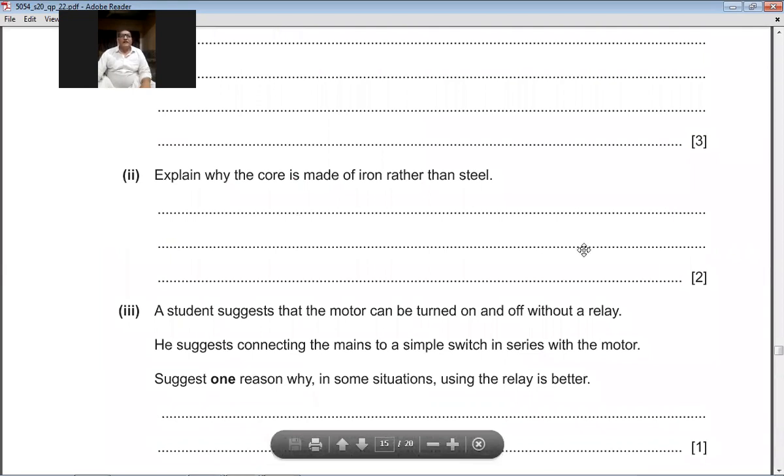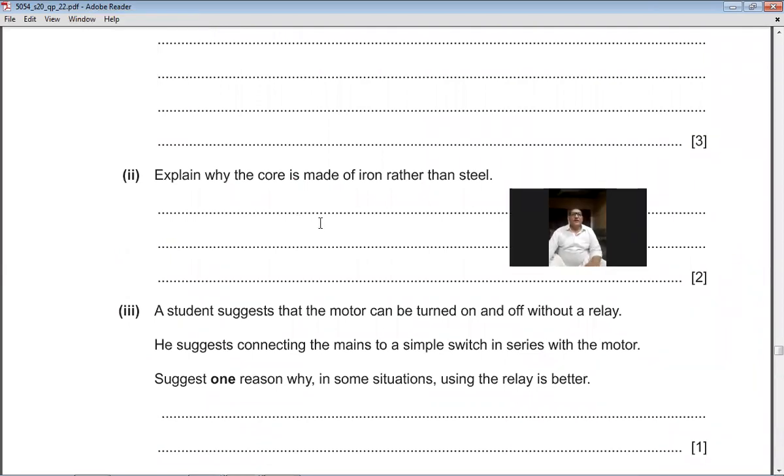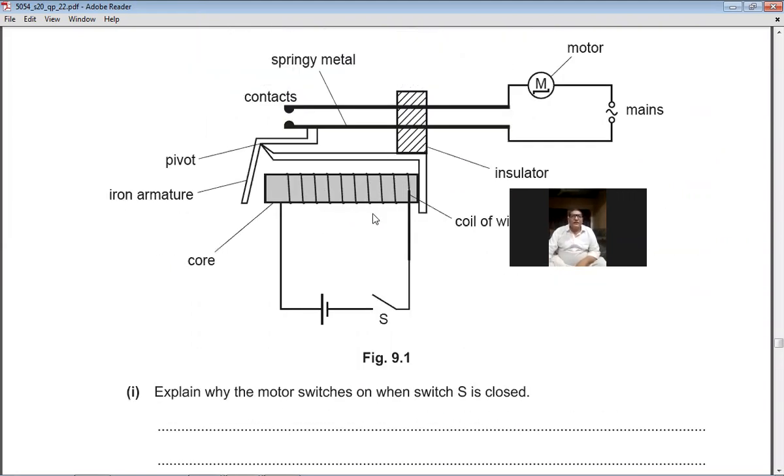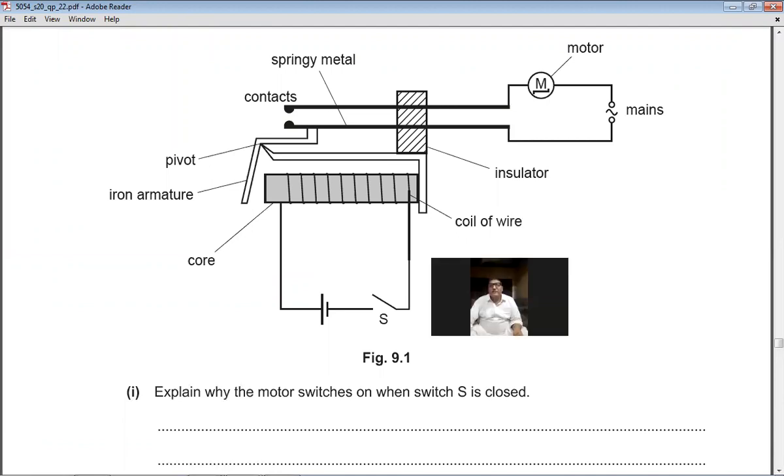Now the question says, explain why the core is made of iron rather than steel. You see, when we make this coil, we put a core in this coil. The purpose of that core is that it makes the electromagnet stronger. We always use iron as a core. The reason is that iron is a soft magnetic material.